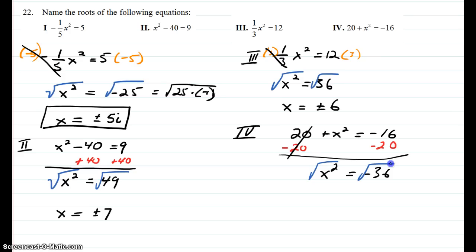Square root. And so like before, since we have that negative, we know that we're going to have the square root of 36 and also the square root of negative 1, which is i, so we get plus or minus 6i. So we have our 4 answers.